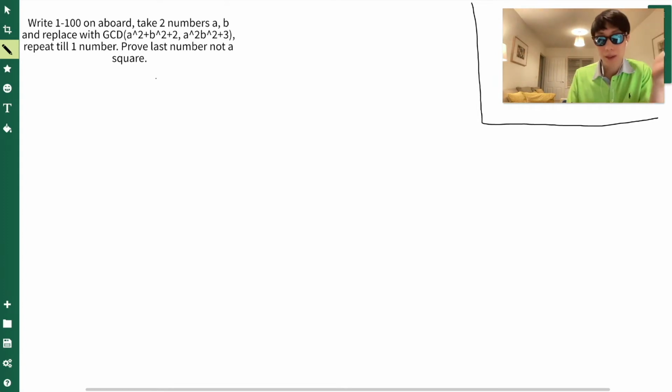Mod 3, if you have anything that's co-prime to 3, the square is going to end up being congruent to 1. And if you're looking at mod 8, the squares are all going to be 0, 1, or 4. So you can heavily reduce the number of possible options.